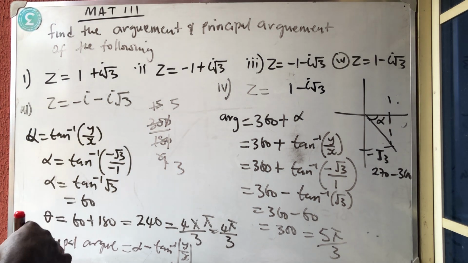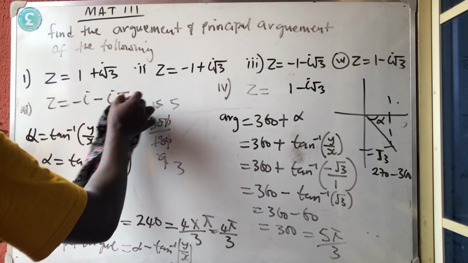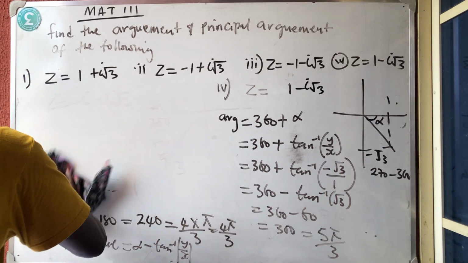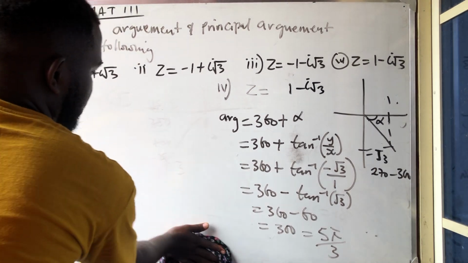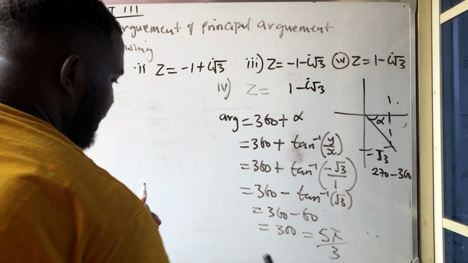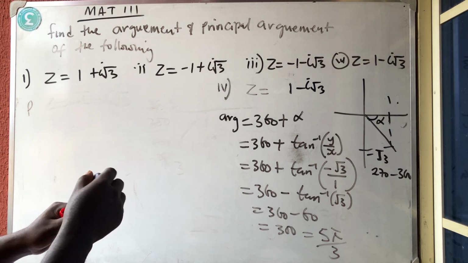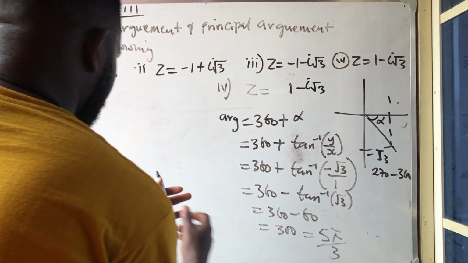Now, the principal argument for the fourth quadrant is simply minus alpha. That's all. It's simply minus alpha.